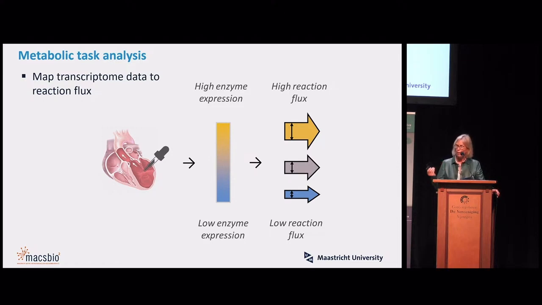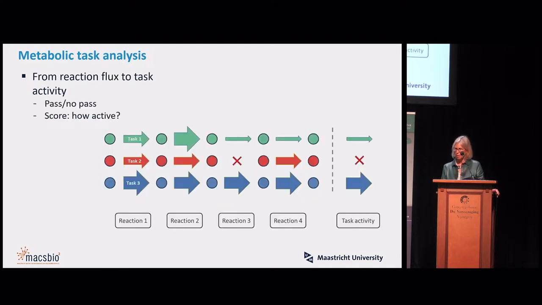If the enzyme expression throughout the network is high, we get a high reaction flux. And what we then do with that is calculate an activity score throughout the network based on the individual fluxes of the reactions in that network.